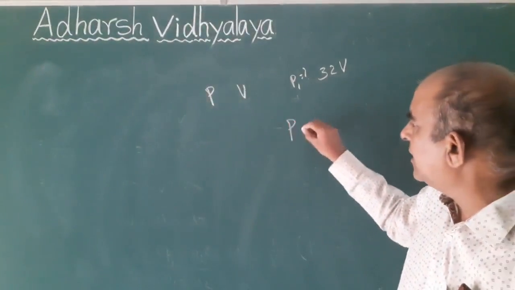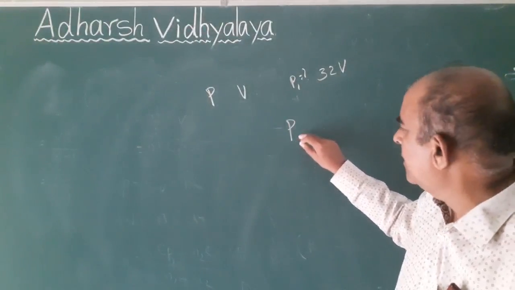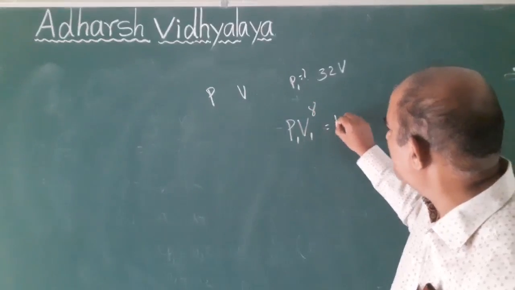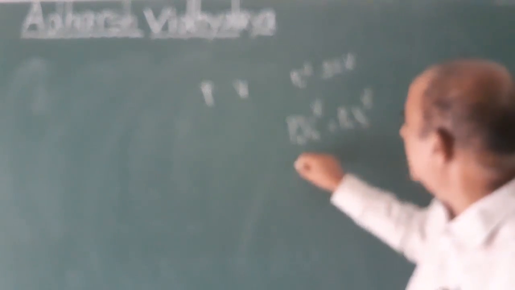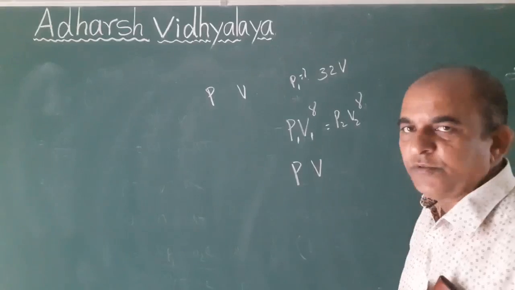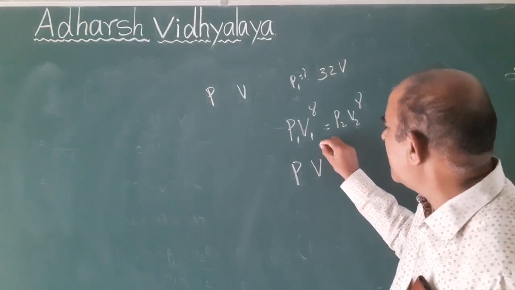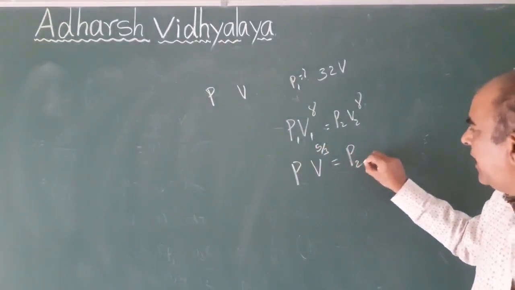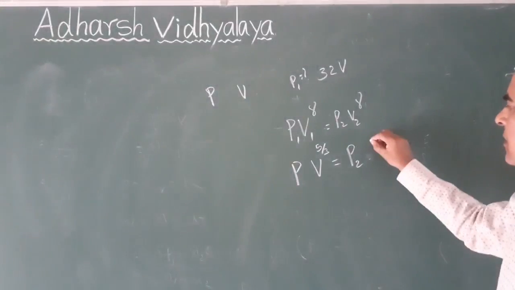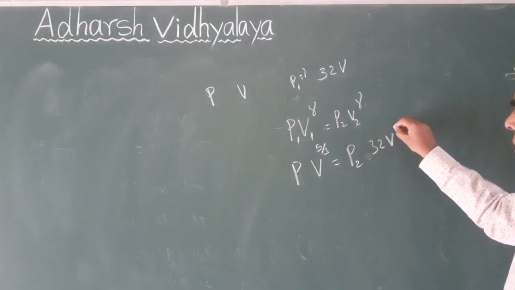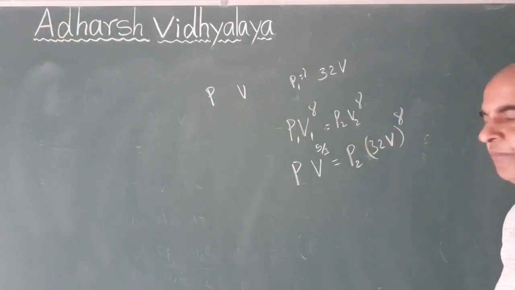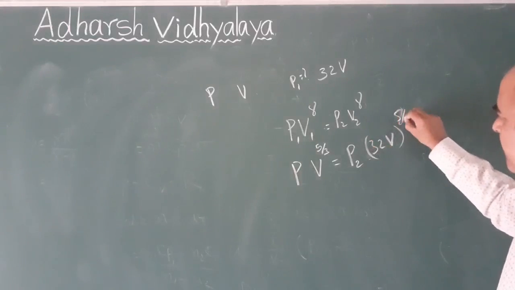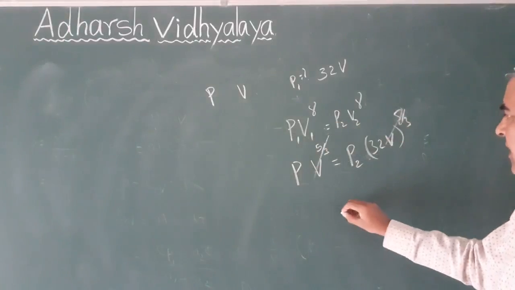Then you have to take the adiabatic relation PV power gamma constant: P1 V1 power gamma is equal to P2 V2 power gamma. Initial pressure P, initial volume V power gamma, where gamma is 5 by 3, is equal to the final pressure, which you have to calculate, into V2, the final volume, 32 V whole power gamma, that is 5 by 3. So V power 5 by 3 cancels.